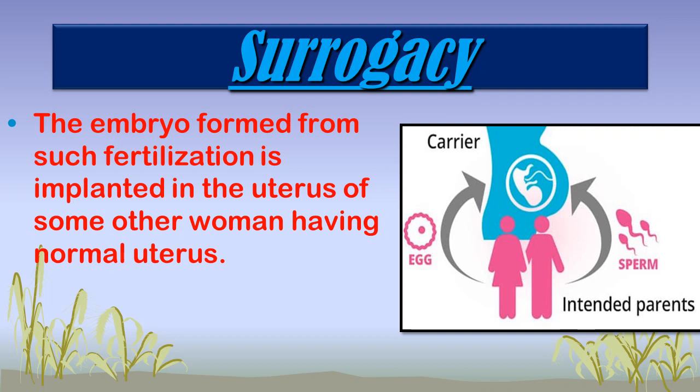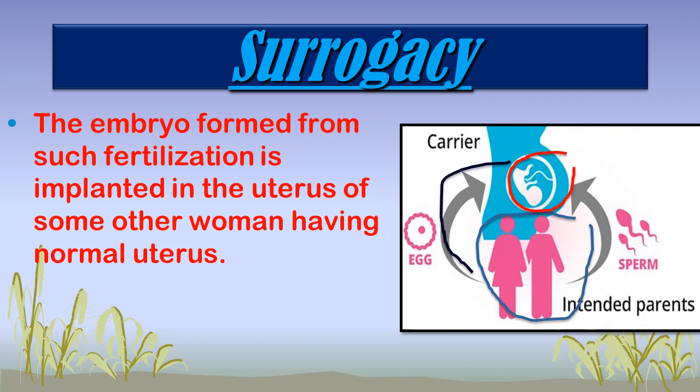So here two women are involved: one having a problem in implantation of the embryo in the uterus, and the other, a helping woman, having a normal uterus. The embryo is transferred to the woman having a normal uterus. Here you can observe the carrier.